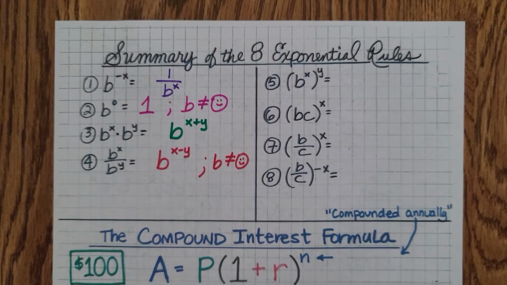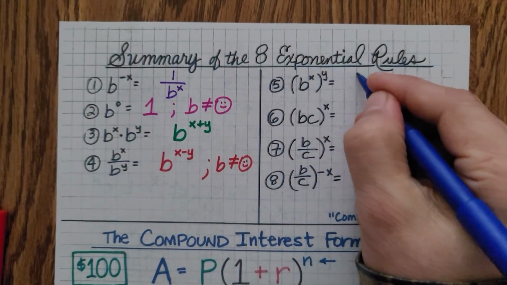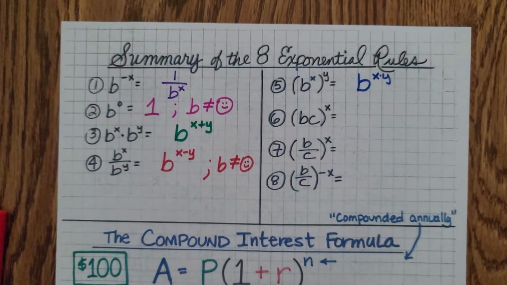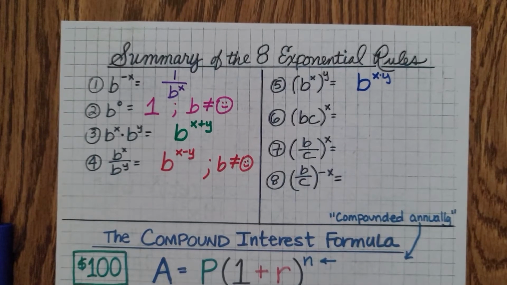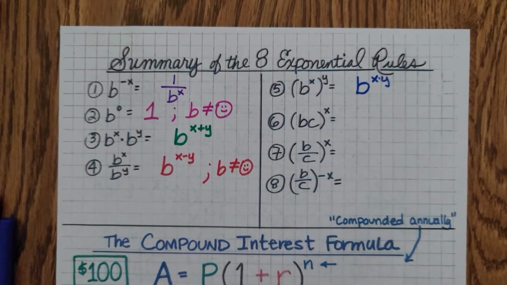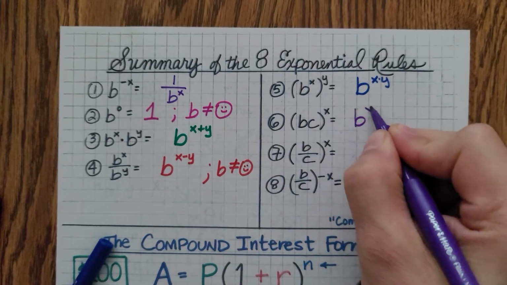Let's get into today's rules. B to the x all raised to the y is equal to b to the x times y. B times c all raised to the x is equal to b to the x c to the x.